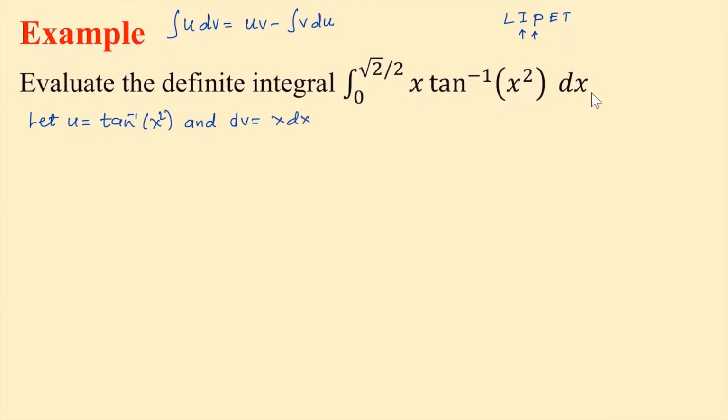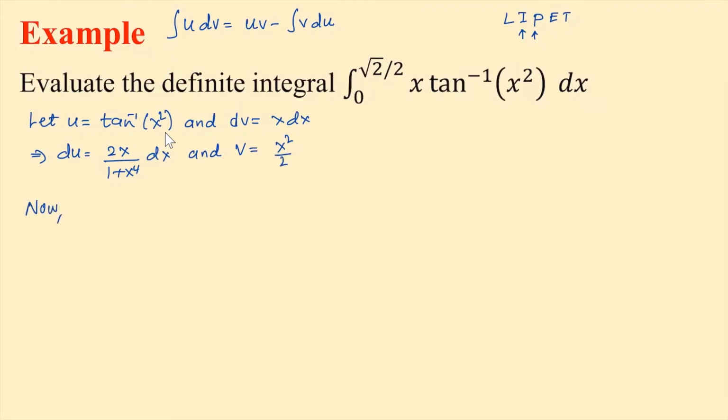We differentiate the first: du equals the derivative of tangent inverse x squared, which is 2x over 1 plus x to the 4. And we integrate the second, so v equals the integration of x, which is x squared over 2.